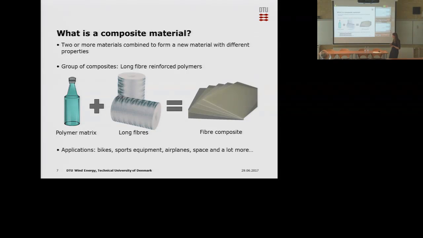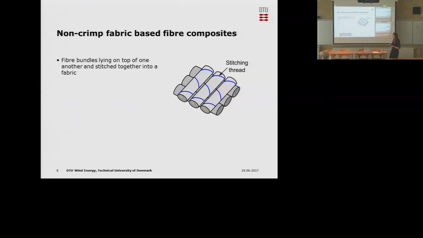Aside from wind turbine blades, they're also used for bikes, sports equipment, airplanes, the space industry, and even cars, and a lot more, I'm sure. So they're quite widely used.